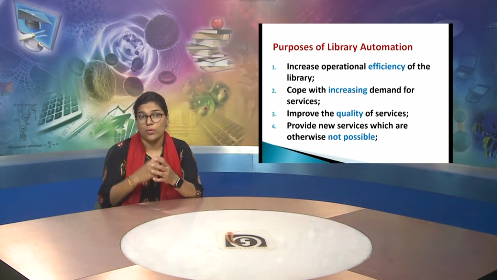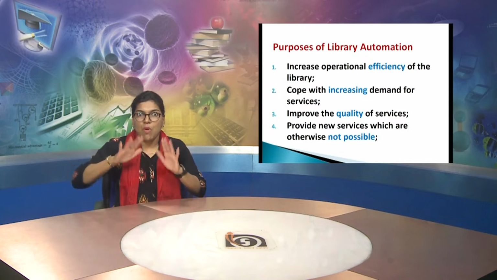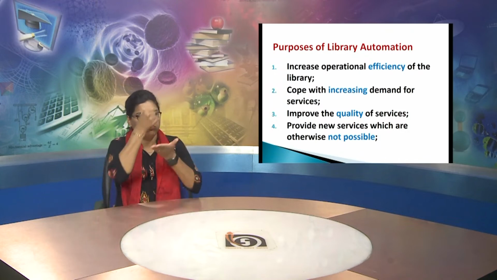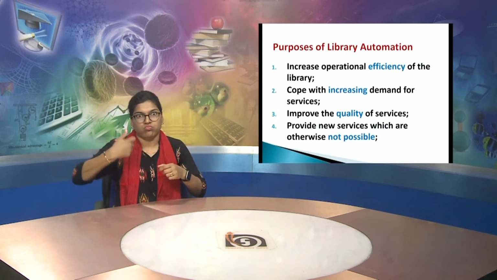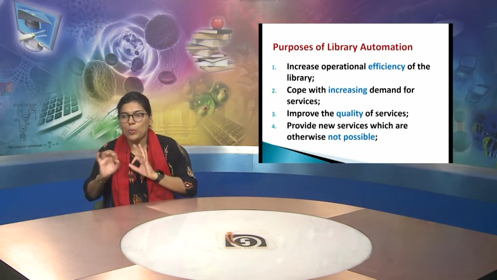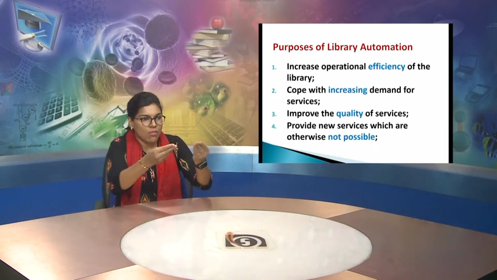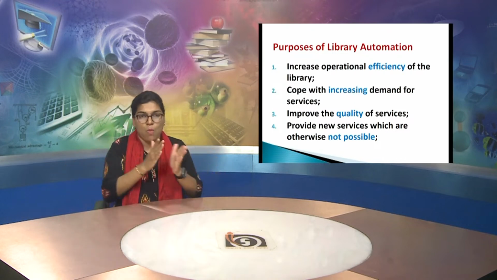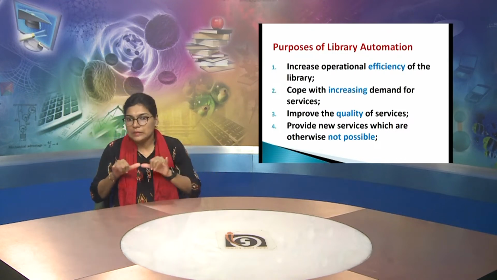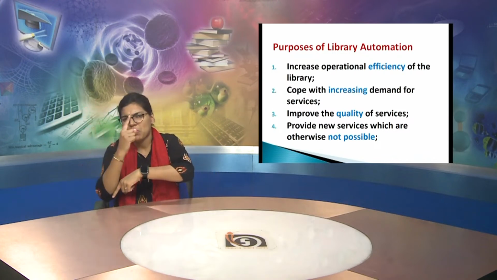Point number 4, provide new services which are otherwise not possible. This is one of the important purposes of library automation.